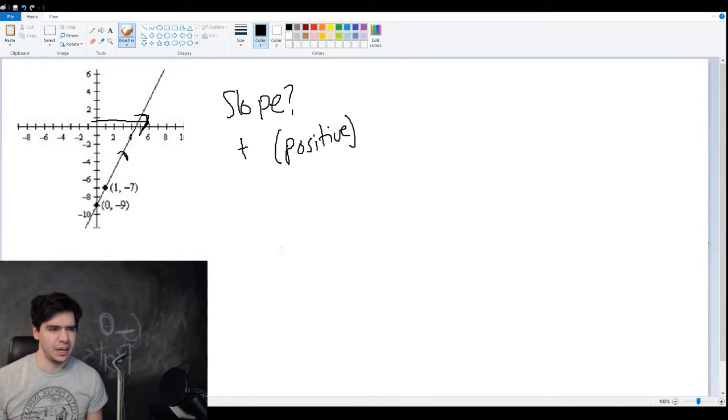If our slope instead looked like this, that would be a negative. But it is not, so we don't have to worry about it.